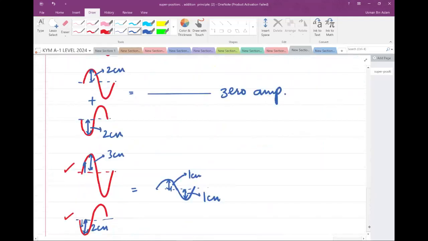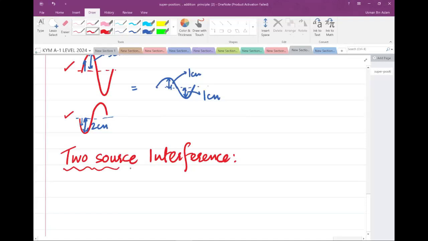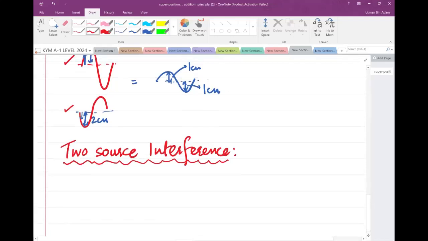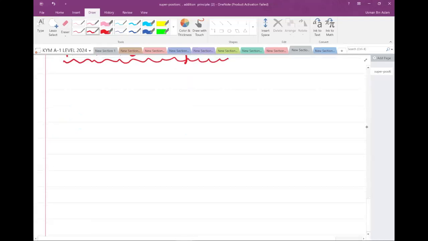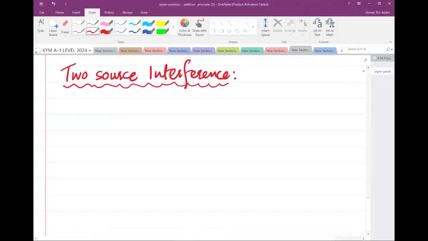All right. Now, the next topic that we need to discuss is going to be about two source interference. Now, I think we have established so far that interference takes place only if at least two waves meet at a point.